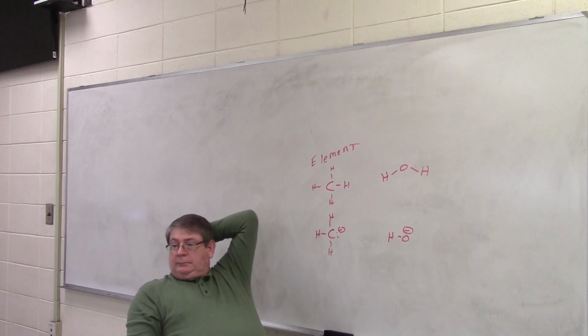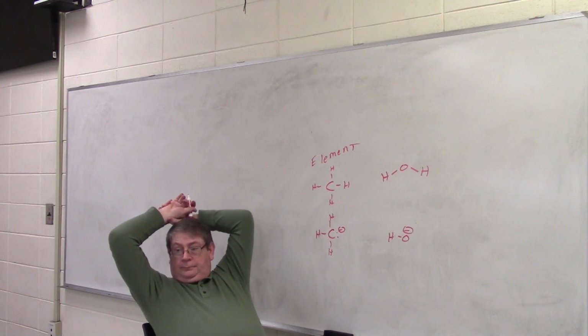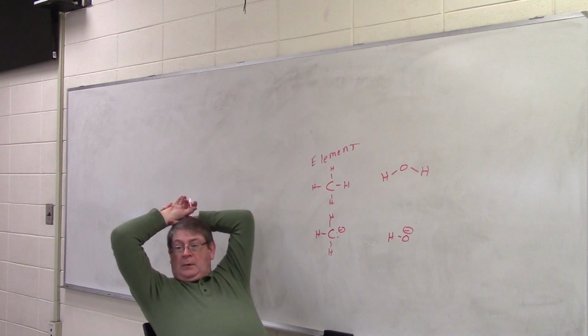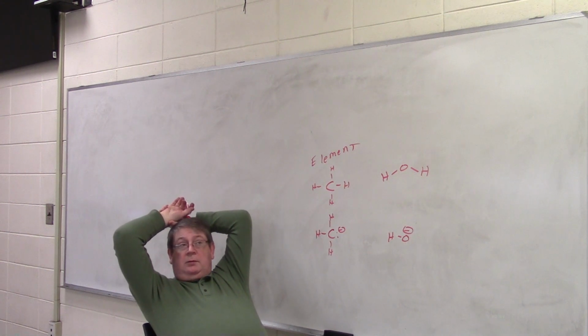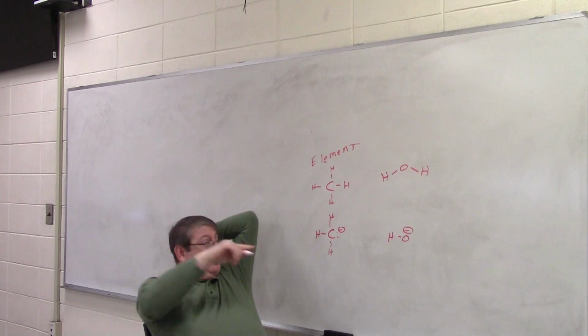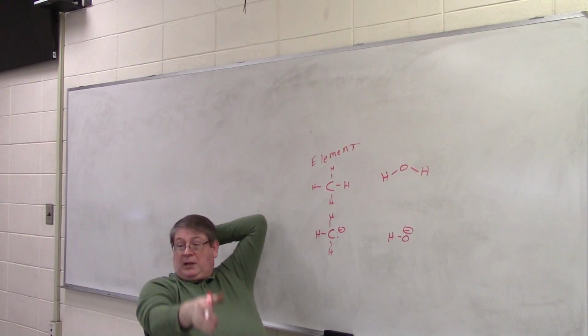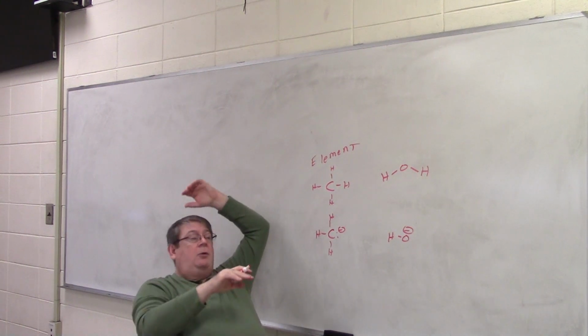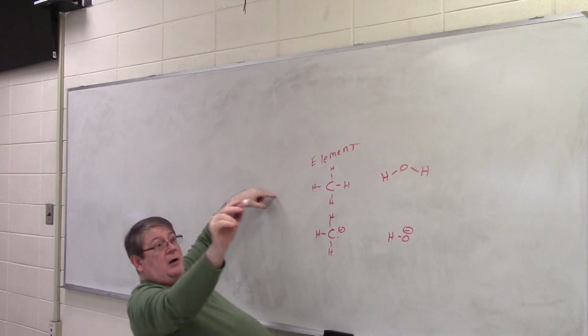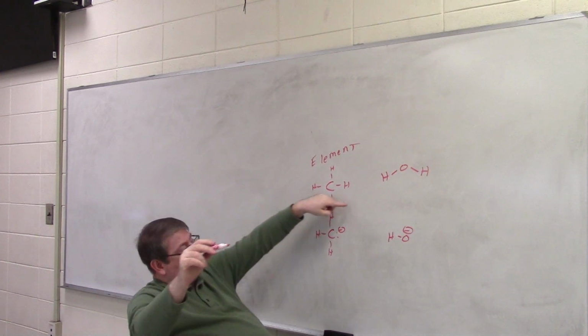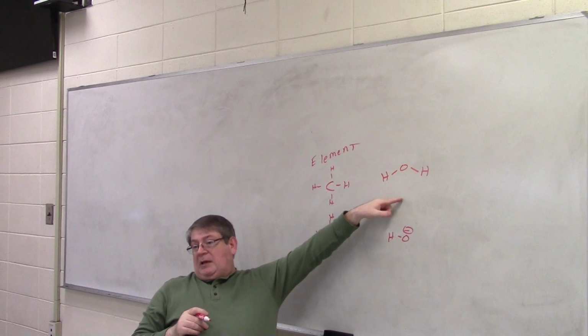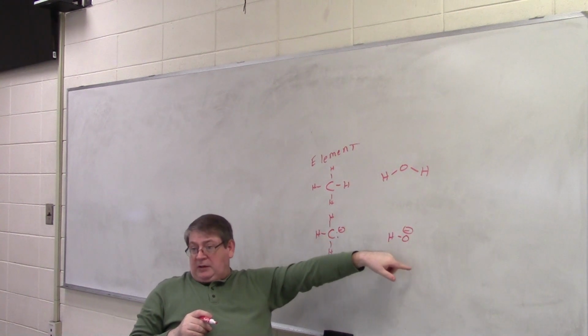So with the element effect, notice the trend of the groups, right? Well, there's two pieces to it. There's the period effect, which is what we described here, but then there's also the family effect. The period effect is in a period, like in the second period, as I go from left to right, acidity increases. But as I go down a family, acidity increases.